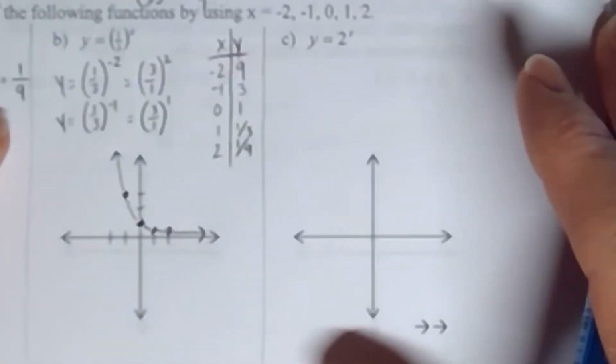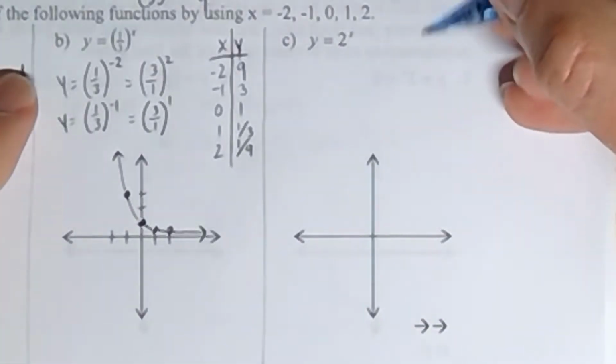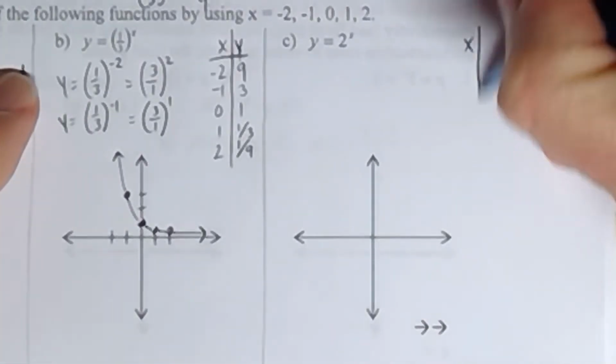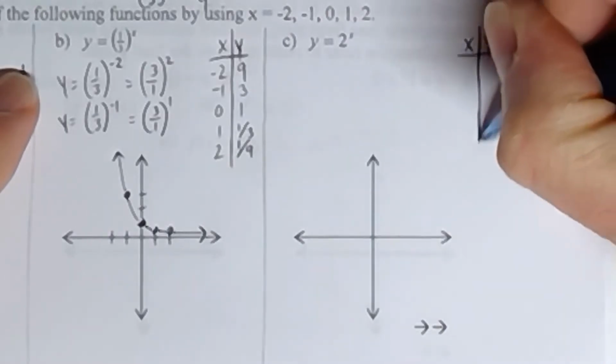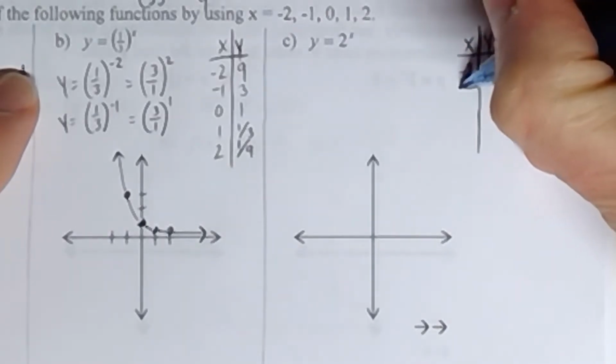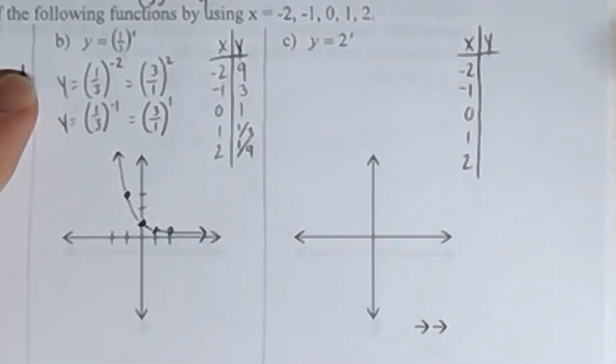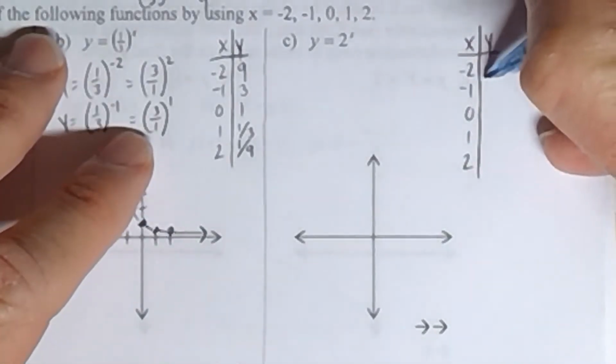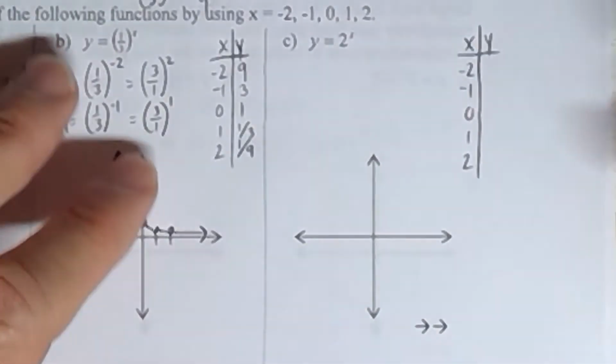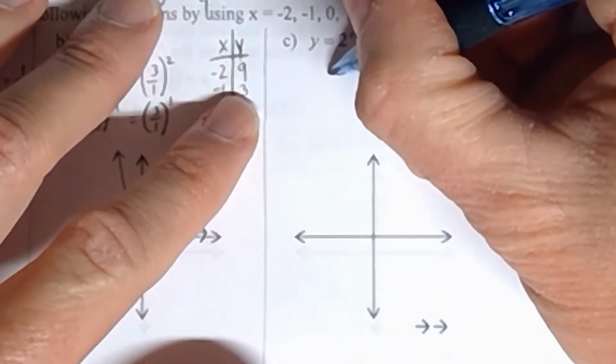All right. Last one here, and then we'll see some different stuff on the back. 2 to the x. The answer that we get in this problem, we're going to use a lot on the back side of the worksheet. What do we get for 2 to the negative 2 power?